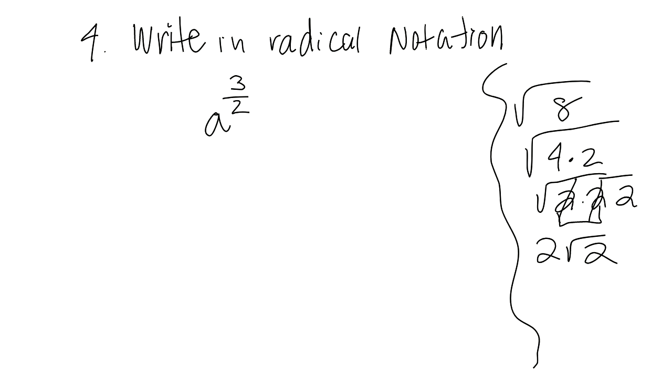So here I have this exponent that has a fraction in it, and they want me to write it into radicals. And remember when we did this, when I look at this exponent, the power on the top is the numerator, and your index is the denominator.